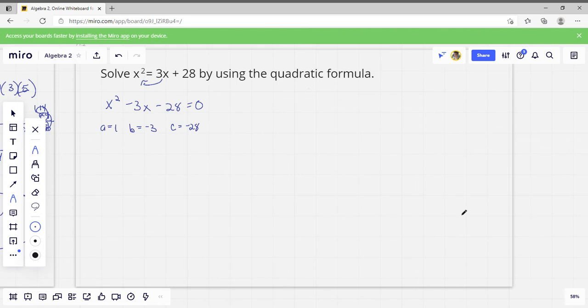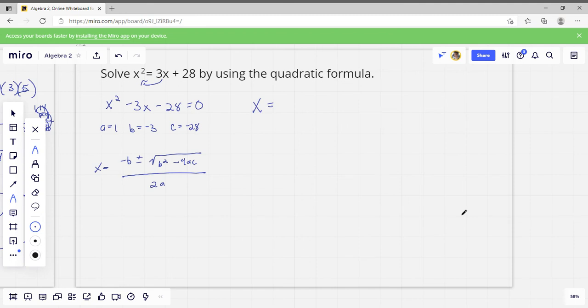Alright, so now we'll write the formula. x equals negative b plus or minus the square root of b squared minus 4ac over 2a. Now we can start filling in variables.